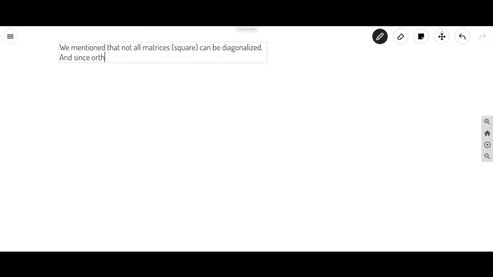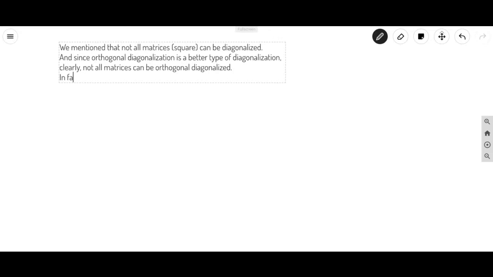And since orthogonal diagonalization is a better type of diagonalization, because orthogonal diagonalization is, after all, diagonalization, just diagonalization with an orthogonal matrix, it's like an even better type of diagonalization, clearly not all matrices can be orthogonally diagonalized.